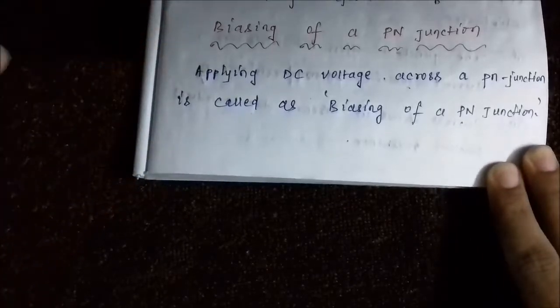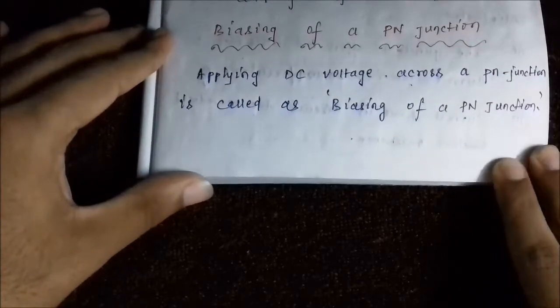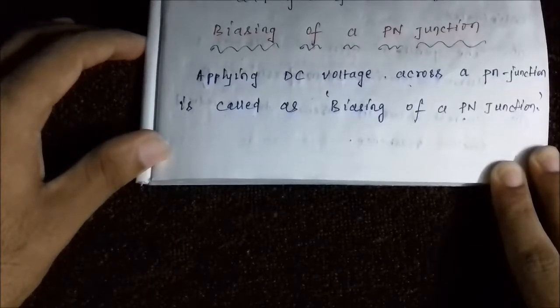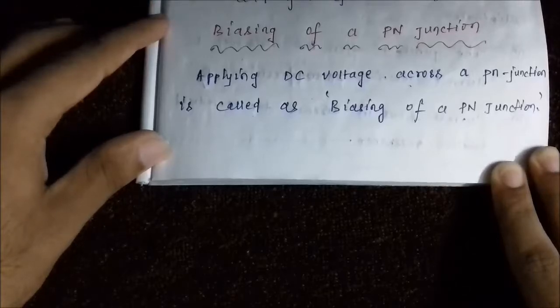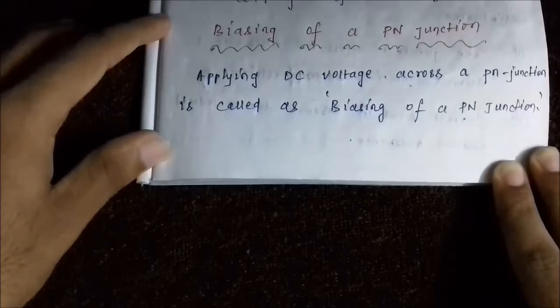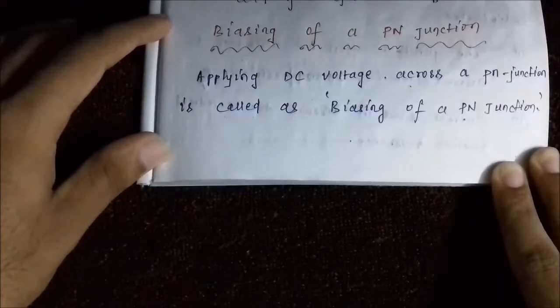In my immediate earlier video, I discussed the concept of PN junction devices, the mechanism of their fabrication, the concept of depletion layer and barrier potential, and the events that take place after the formation of a PN junction. Today we are going to learn about the biasing of a PN junction.